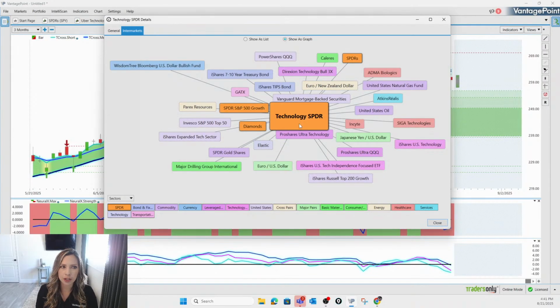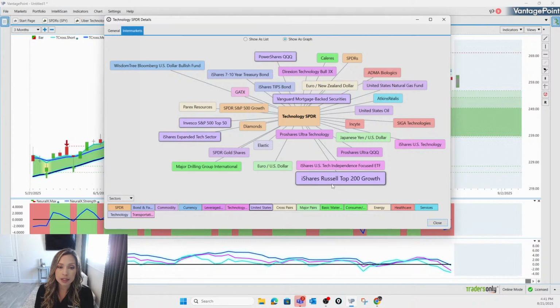And not just XLK, this is any market in VantagePoint. This is the powerful artificial intelligence that goes into all of the forecasts in VantagePoint for each asset individually. So we're analyzing those top markets that are impacting the market that maybe you're looking at or that you're trading, to see how these additional inner markets are going to move or drive the price of that market that you're looking at.